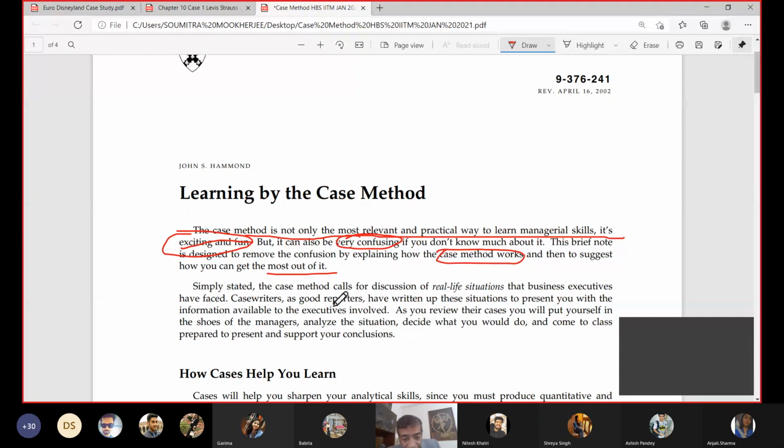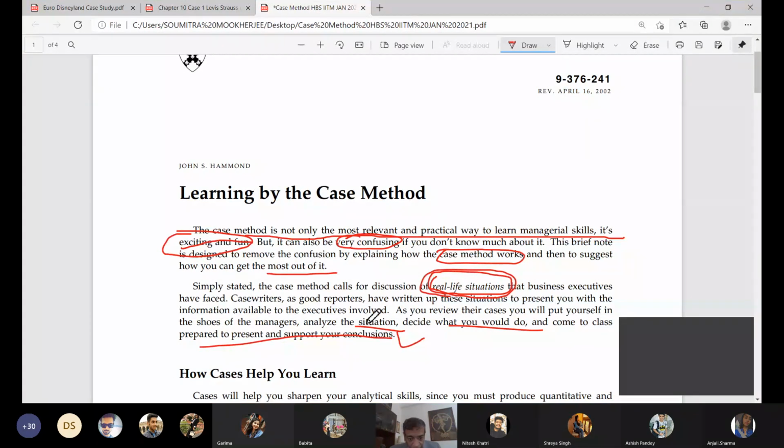Simply stated, the case method calls for discussion of real life situations. I repeat again and again, it talks about real life situations that business executives have faced. Case writers, as good reporters, have written up these situations to present you with the information available to the executives involved. As you review the cases, you will put yourself in the shoes of the managers, analyze situations, decide what you would do, and come to class and present your conclusions.